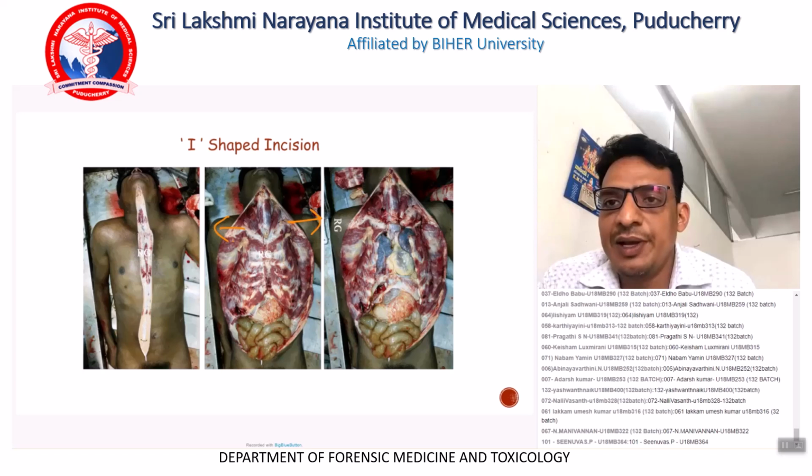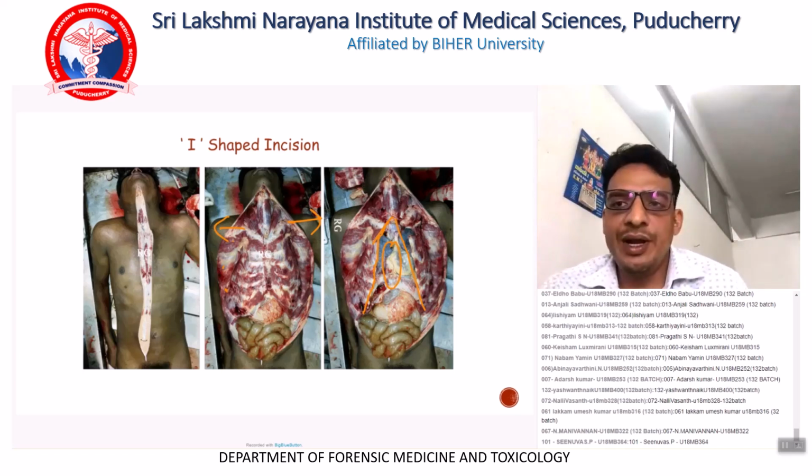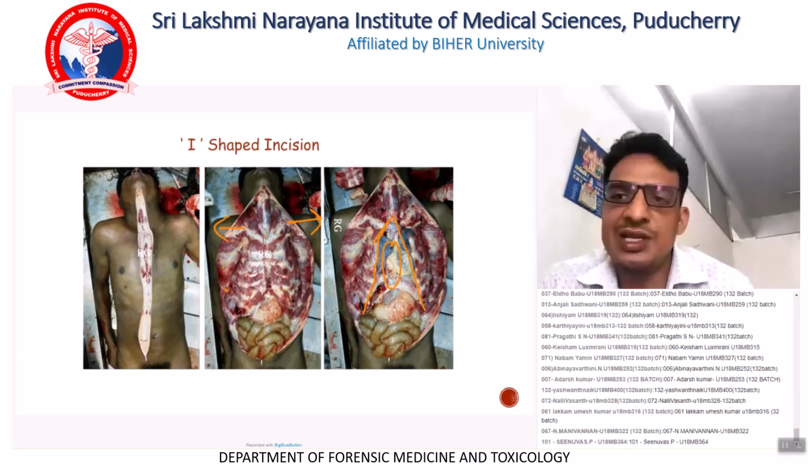And following which we are going to do what? Cut from sternoclavicular joint, go downwards, cut the costochondral junctions, extend it laterally on both sides and take the central chest plate out. Chest plate will be lifted, taken out, and then we can go with the evisceration, taking the organs out.